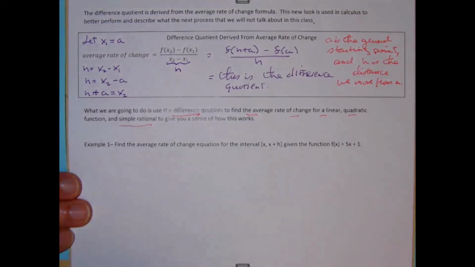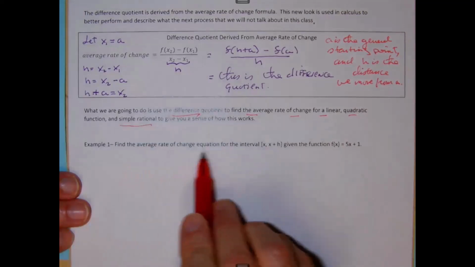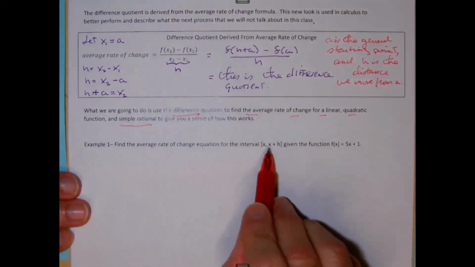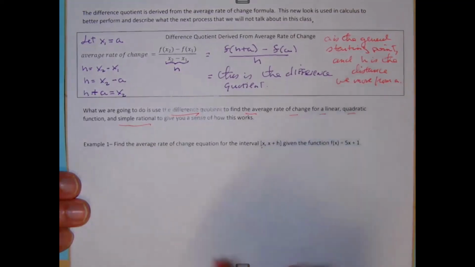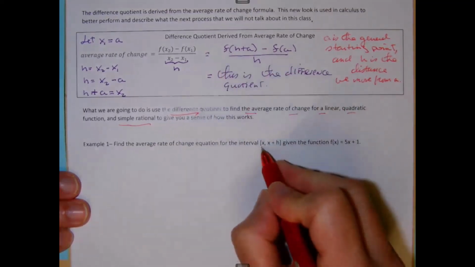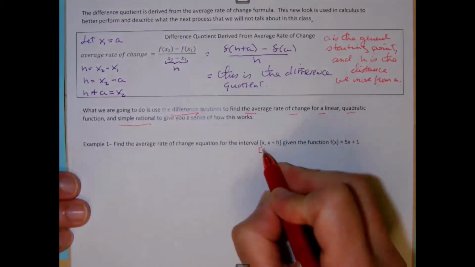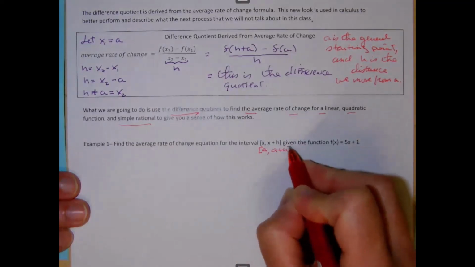Let's first find the average rate of change for the equation on the interval x to x plus h. Notice I'm still leaving this as x, but how would this look from this other perspective? It would look something like this: A plus h.